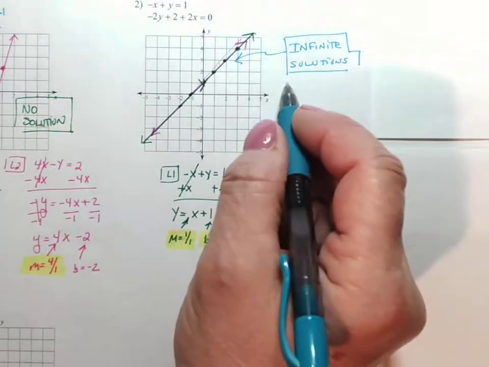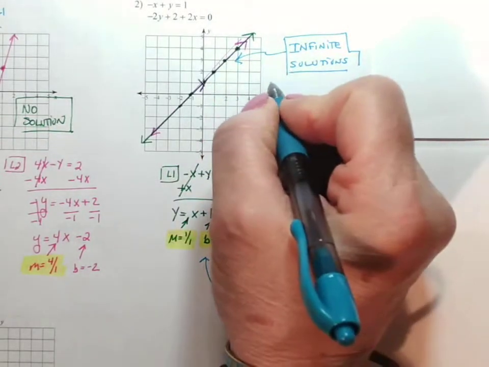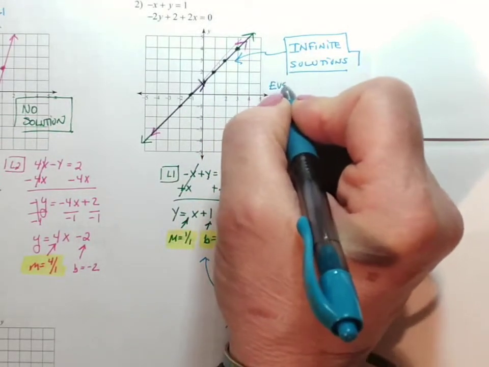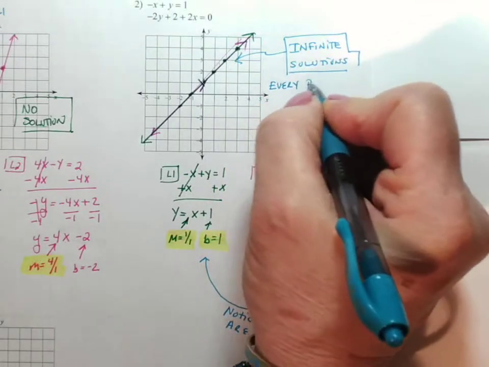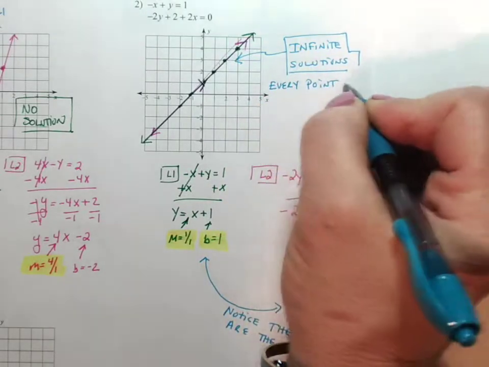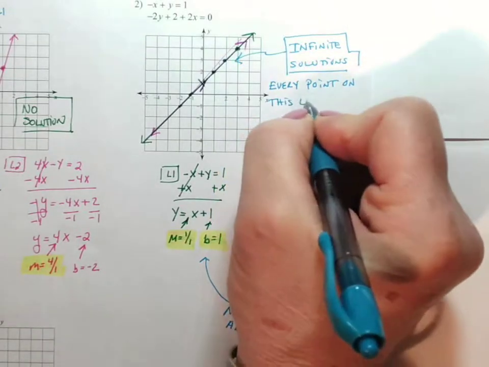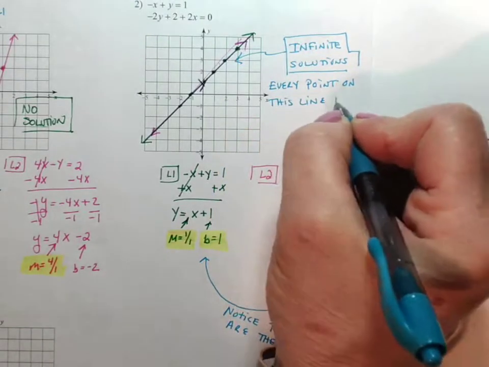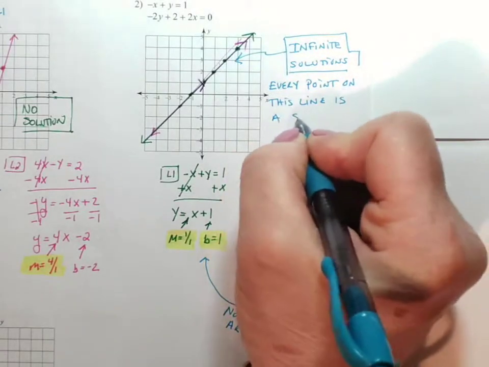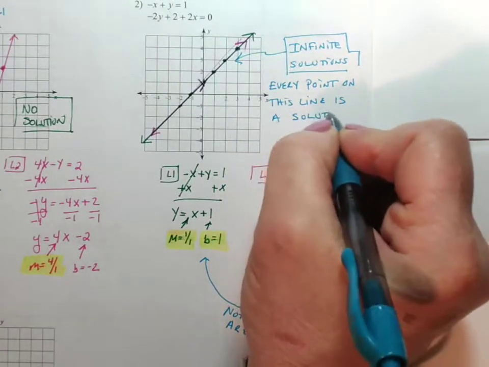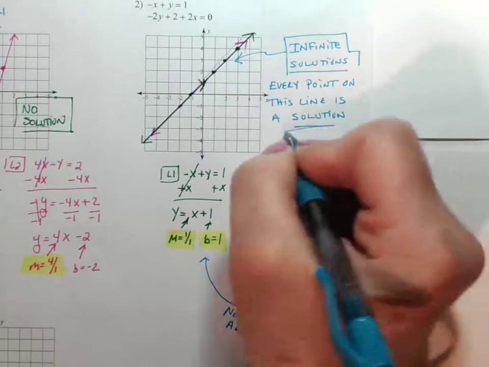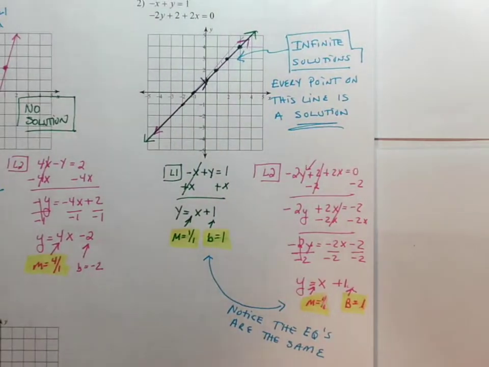And that means that every point on this line is a solution. So that's our second special case.